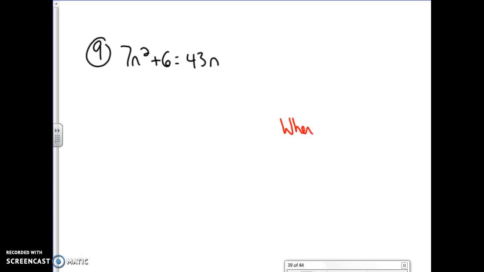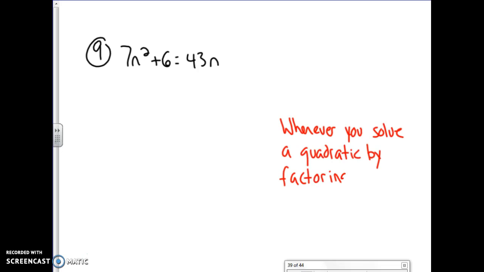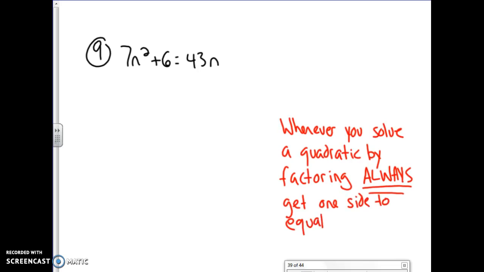Whenever you solve a quadratic by factoring, always get one side to equal 0.